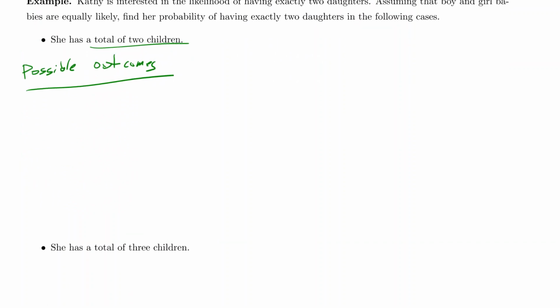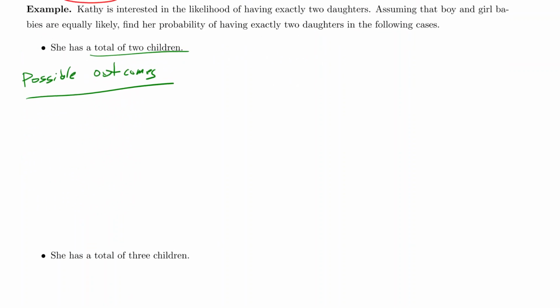But when we just list them, make sure you count all of them. So this is what I mean. We can say, okay, she could have a boy and a boy, boy and a girl, girl and a boy, and girl and a girl. So order matters. So boy and girl and girl and boy, we have to count separately. So there are a total of 4 possible outcomes. And we could also have done this just like the coin.